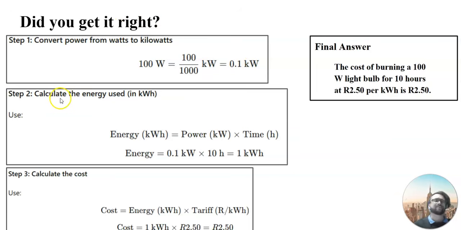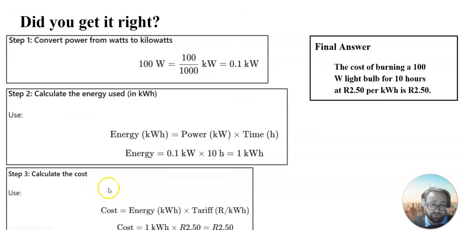Step 2, you're going to calculate the energy used in kilowatt hours. So you're going to take your energy, kilowatt hours, equal to your power, your kilowatt, times your time, how much time we've used. So in this case, it would be 0.1 kilowatt times 10 hours equals 1 kilowatt hour. Step 3, we're going to calculate the cost.